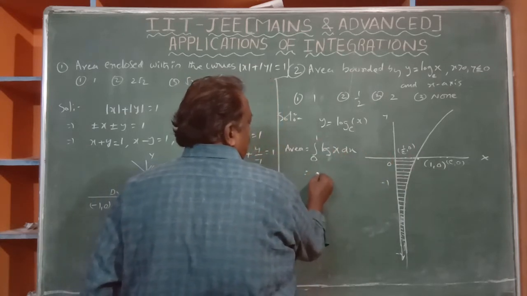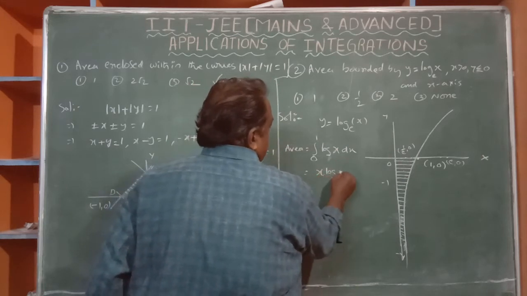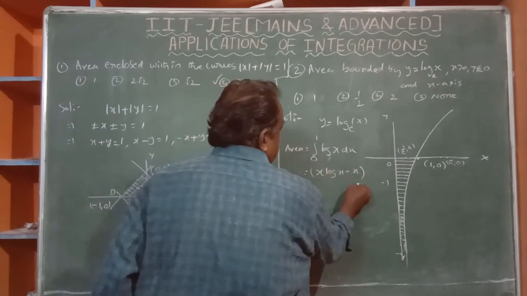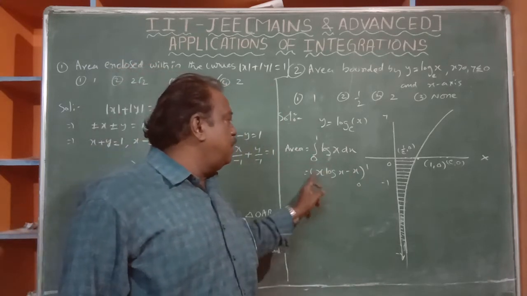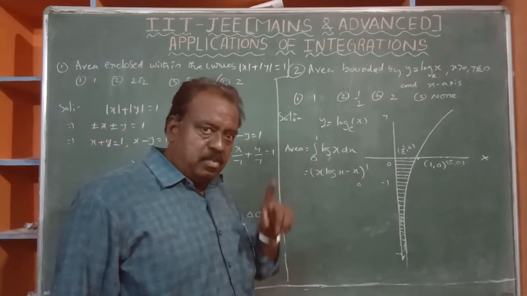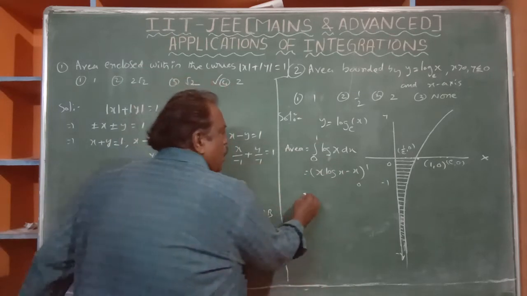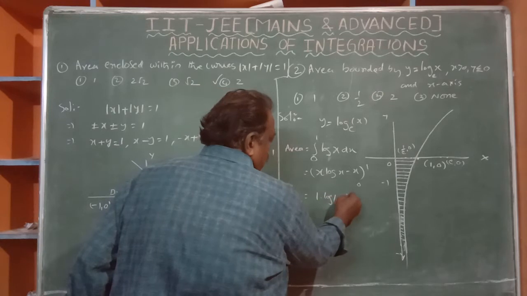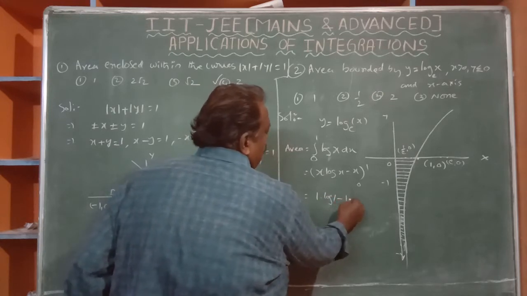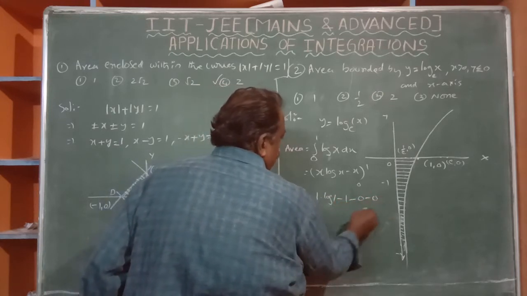It is x log x minus x with limits 0 to 1. We know that the integral of log x is x log x minus x. Okay? Now it is 1 log 1 minus 1 minus 0 minus 0.